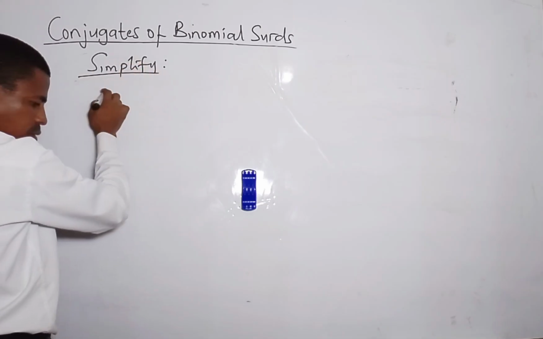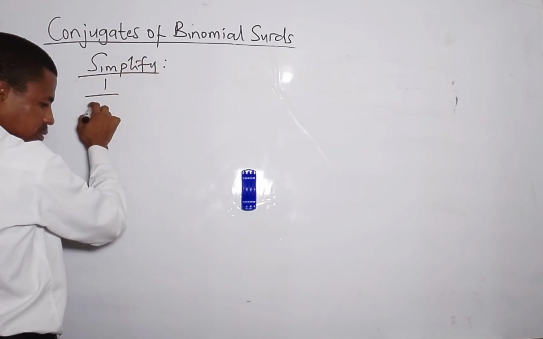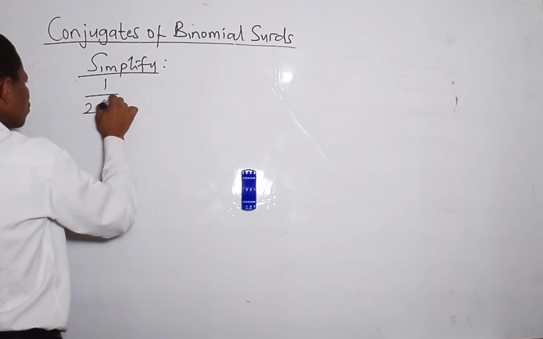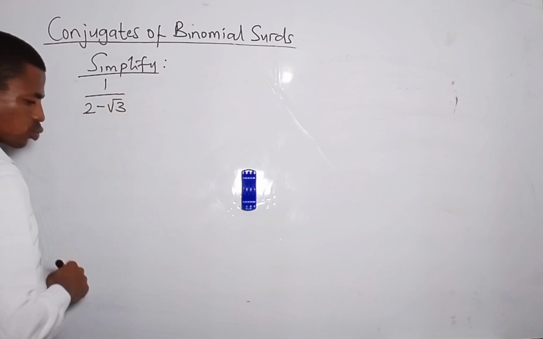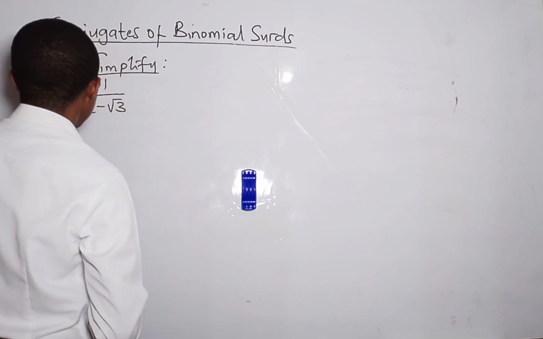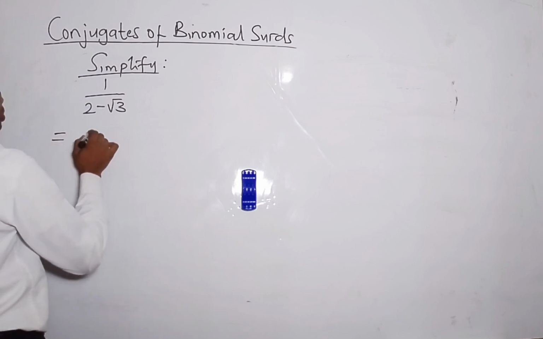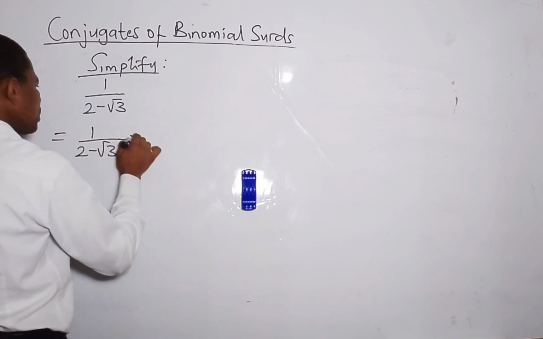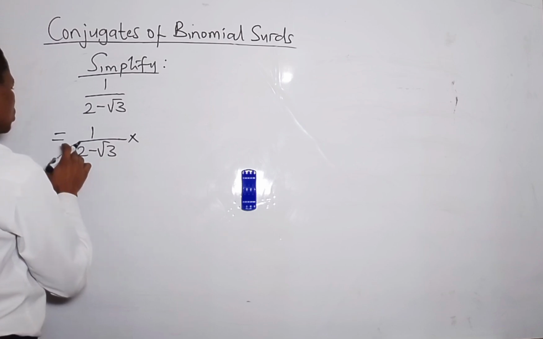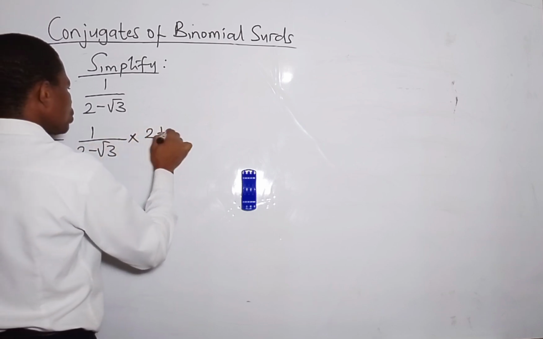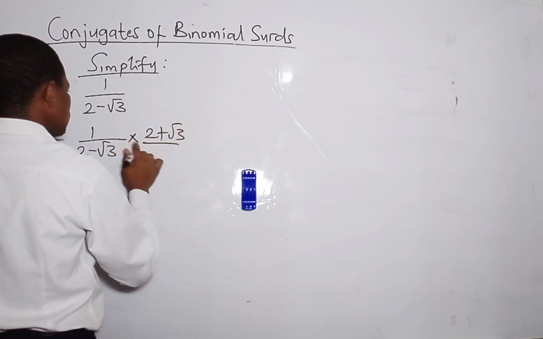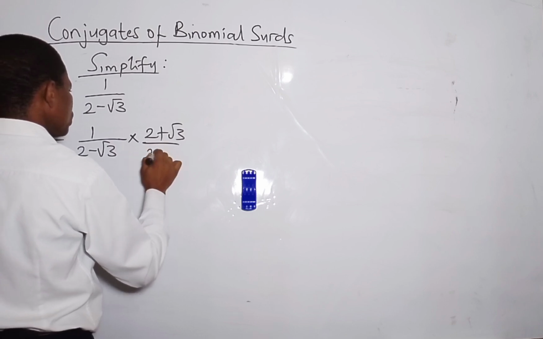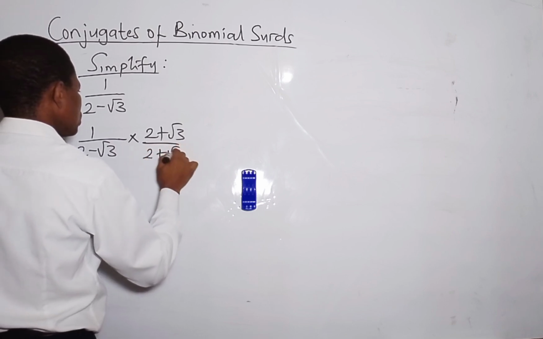Simplify 1 over 2 minus root 3. So how do we do this? We have 1 over 2 minus root 3, then we multiply by the conjugate of 2 minus root 3. That's 2 plus root 3 over 2 plus root 3.